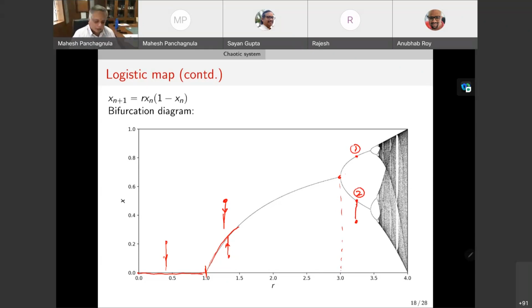But remember, this branch was a stable branch until R equal to 3. And a stable branch is basically a solution to this equation until R equal to 3. I'll write this slightly more formally as xn equal to f of xn semicolon R, where the semicolon indicates R is a parameter.